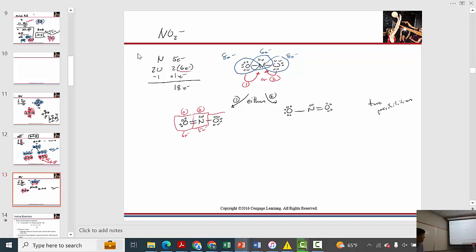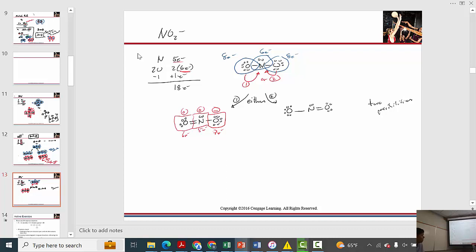This oxygen? 7. And it contributed 6. So this one ends up with an extra electron, which gives it what formal charge? Minus. So the extra electron went on this oxygen over here.